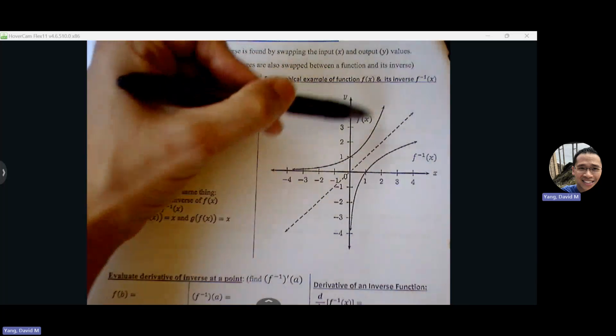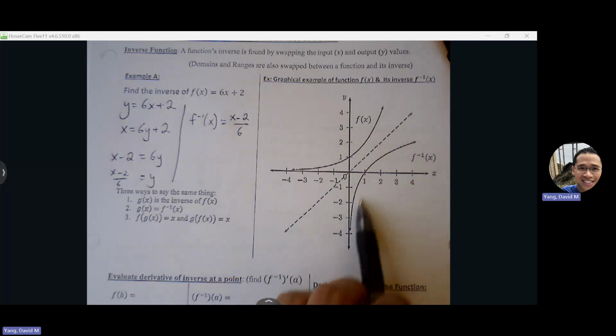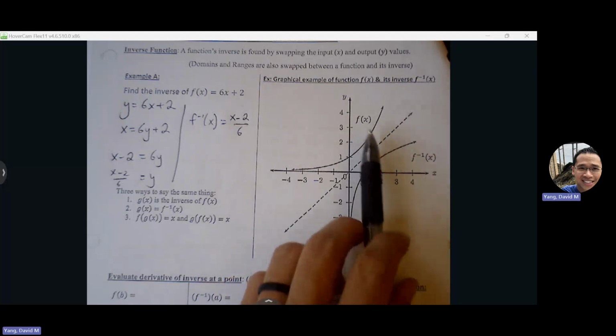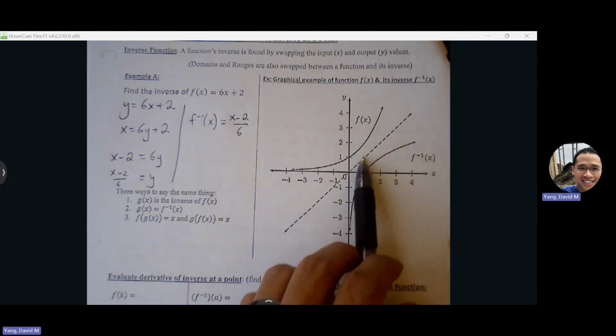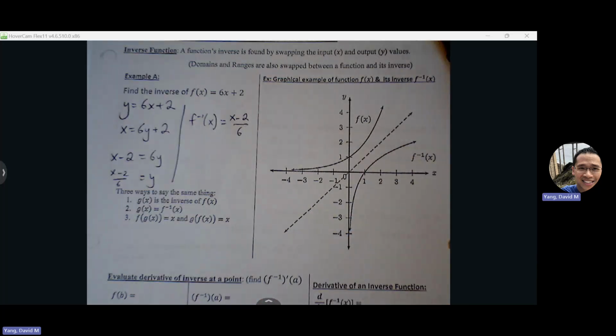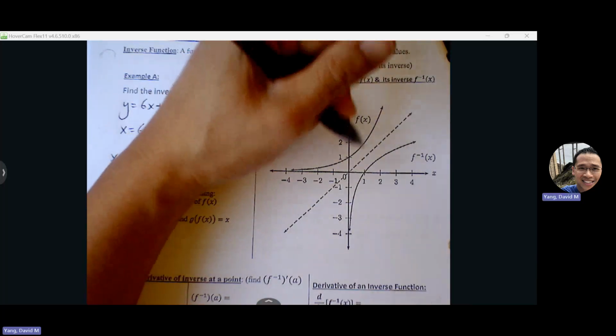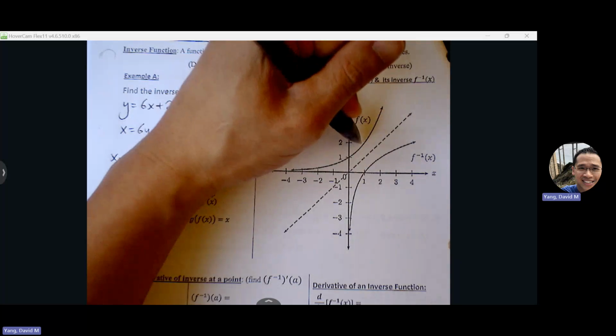So here's an example of an inverse function. You have f of x, you have the inverse of f of x. A function and its inverse, you can always fold the graphs over the line y equals x, and they're always going to perfectly overlap. So let's say there's an ordered pair on the function at (1, 2).